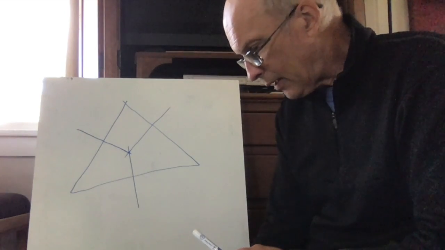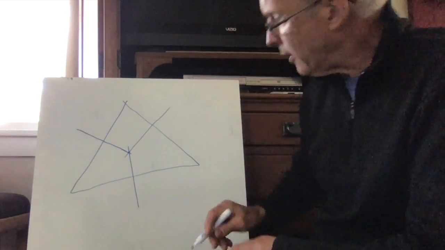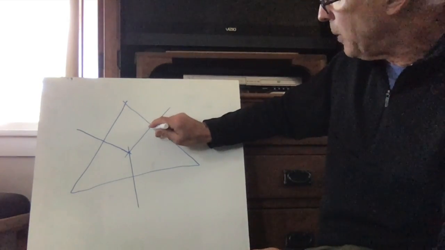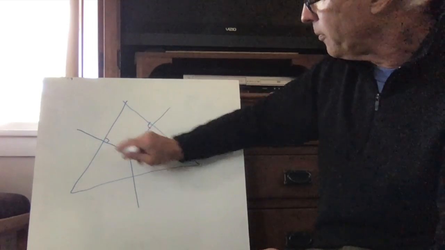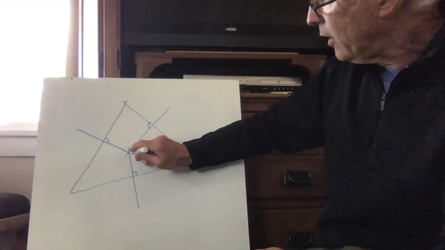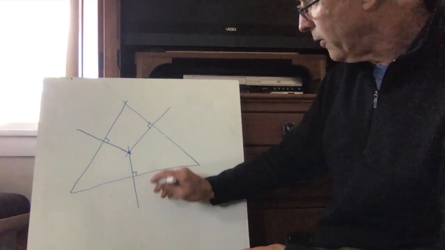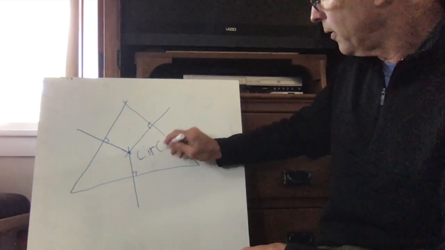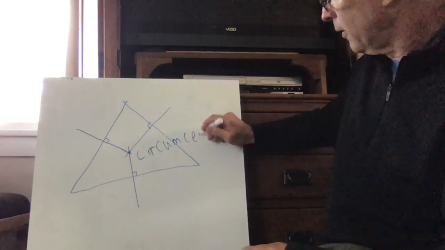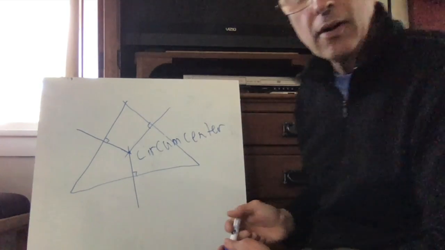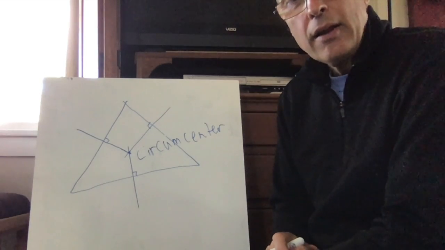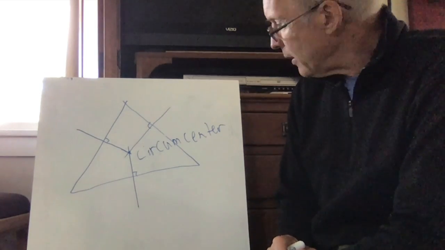Theorem 5.3 says that point is called the circumcenter. So there's a little vocab for you.